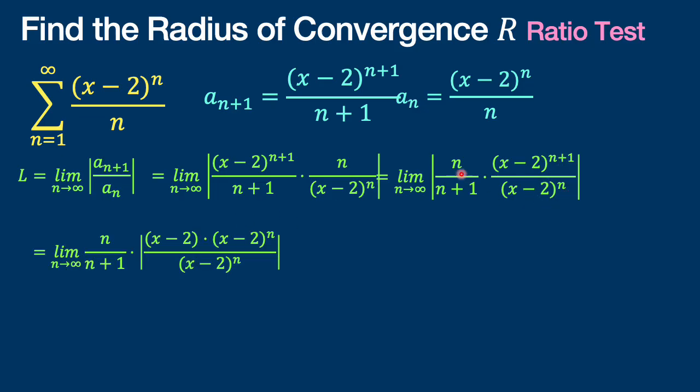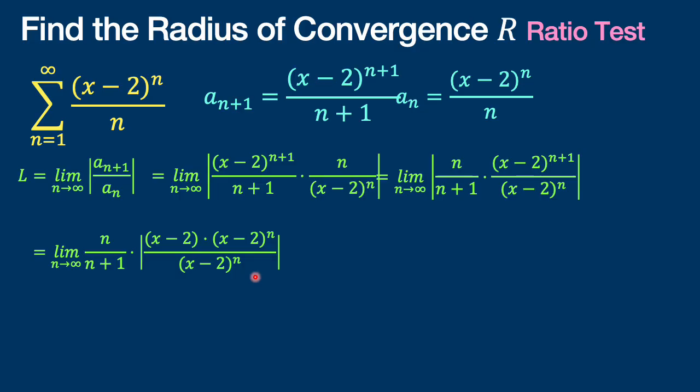So rewrite (x-2)^(n+1) as (x-2) times (x-2)^n. I dropped the absolute value on n over n+1 because it is positive.